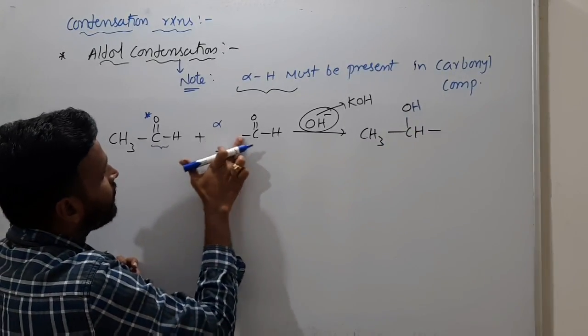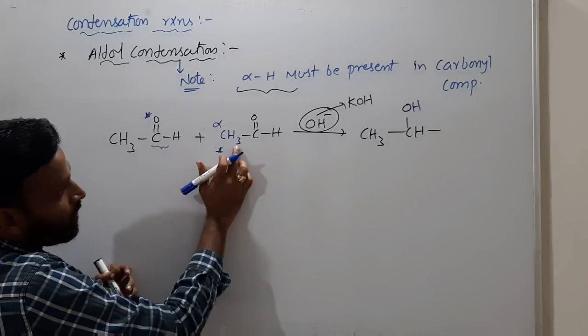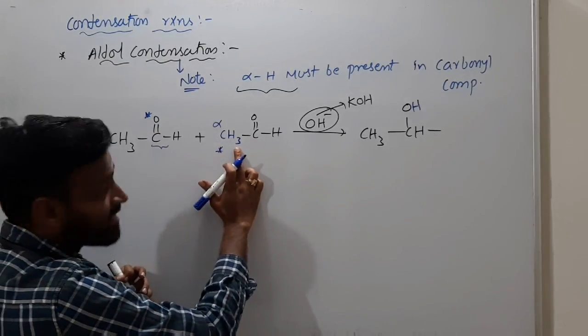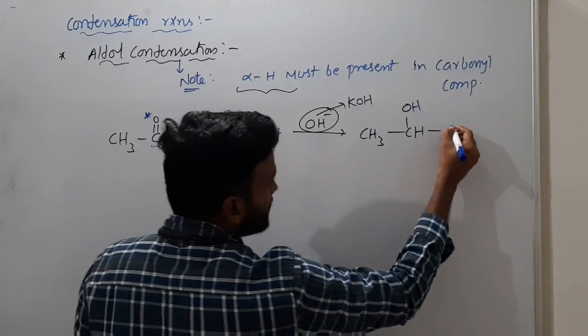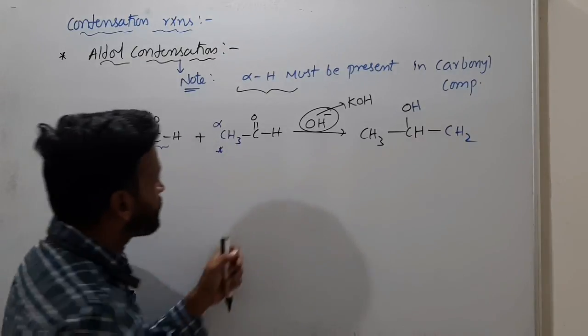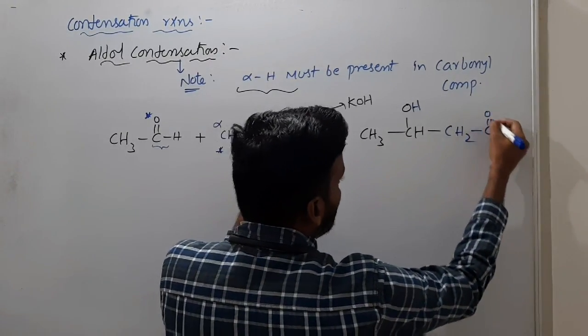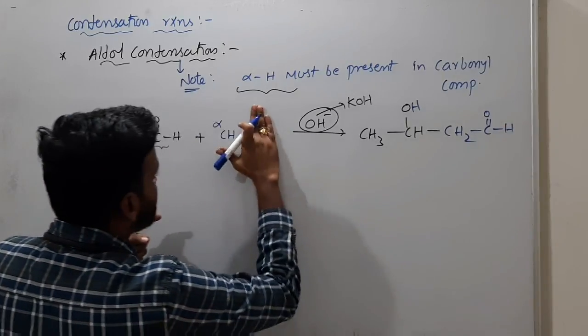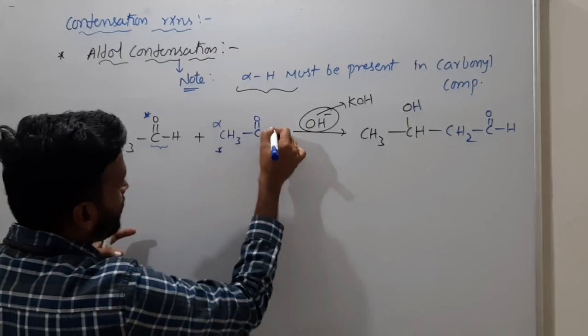If you want, I will write this in blue color, CH3. One of the blue hydrogens, meaning an alpha hydrogen, transfers here. So the remaining is CH2 and C double bond O, written as CH3 C double bond OH.